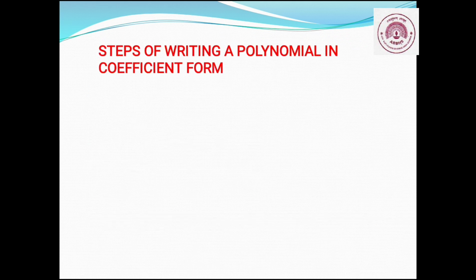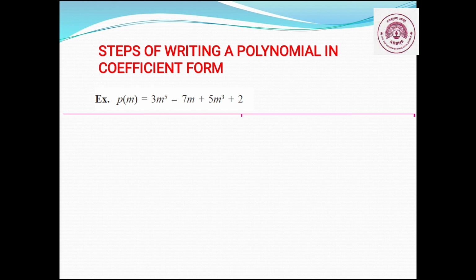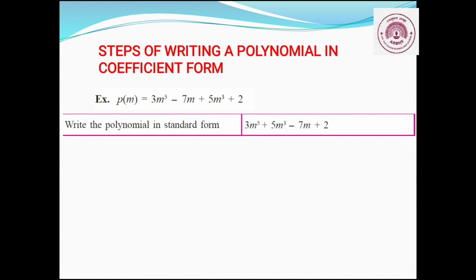Now let's see the steps of writing a polynomial in coefficient form with an example. Suppose P of m is equal to 3m raised to power 5 minus 7m plus 5m cube plus 2. So the first step is to write the polynomial in standard form.